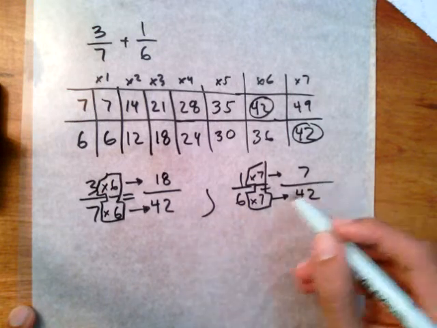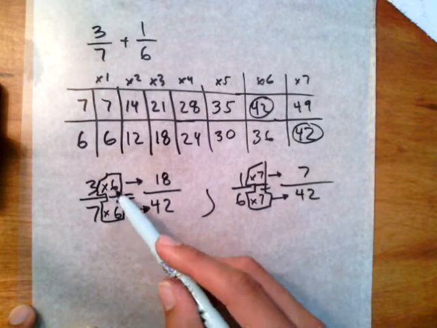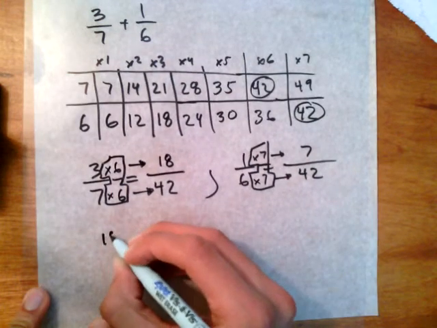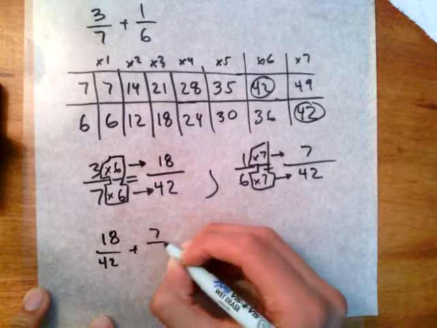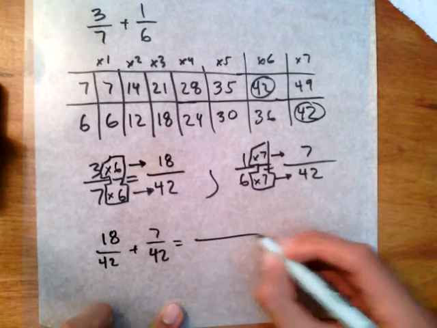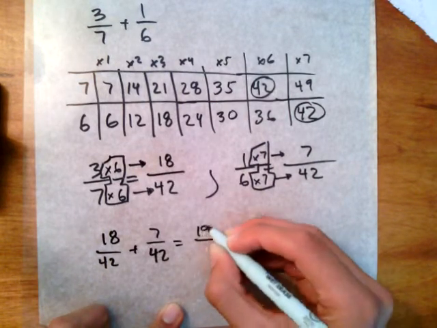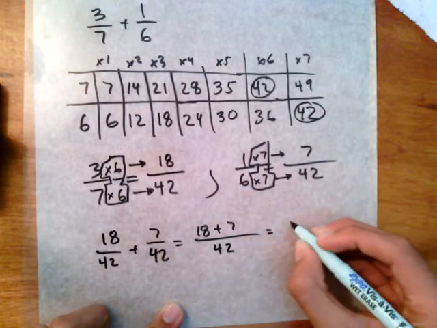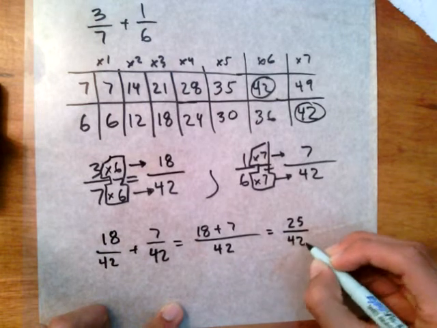Now that we have established a common denominator and utilized equivalent fractions to find the numerators, we can rewrite this problem as 18 over 42 plus 7 over 42. Now that we have a common denominator, we can write everything over this common denominator, and we just add the numerators. 18 plus 7 gives us 25, and it's all over 42.